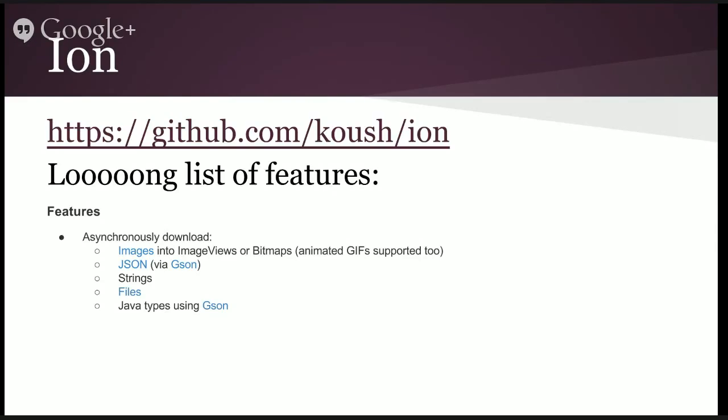Ion has a long list of features. Ion basically can be your entire backend client, not just your image downloader, which, by the way, is something that Volley does pretty similarly. It's sort of aiming to become your whole backend system, meaning that it's going to provide an HTTP client.